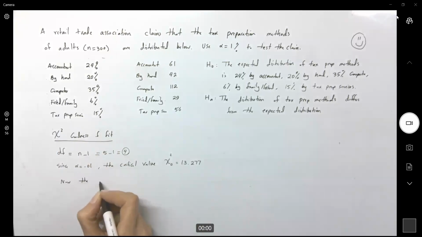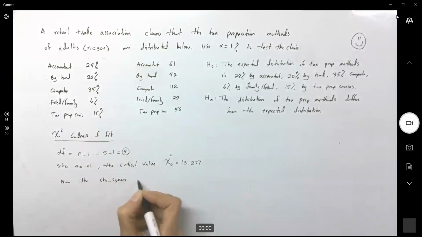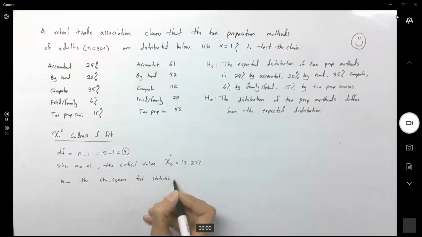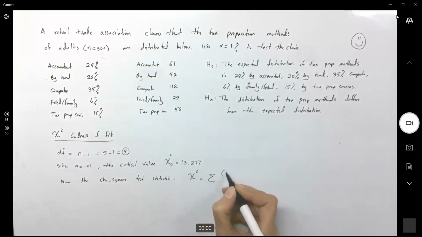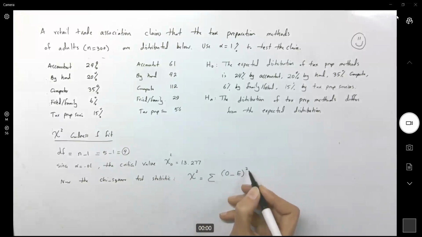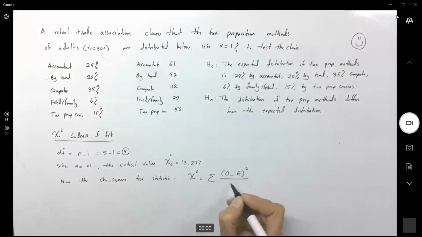Now the chi-square test statistic is calculated this way. Chi-squared is equal to the sum of observed values minus expected values to the second power divided by expected values.